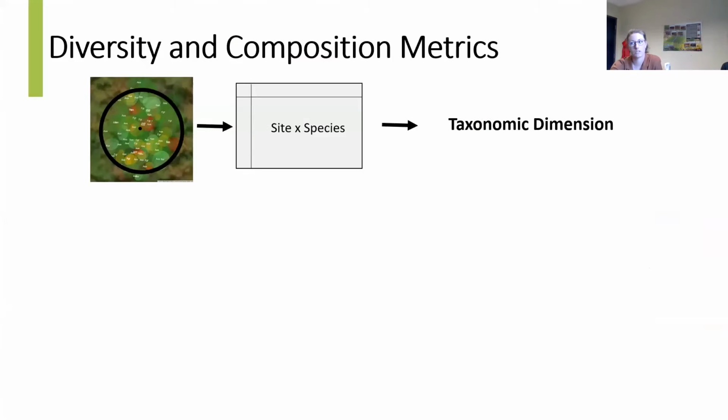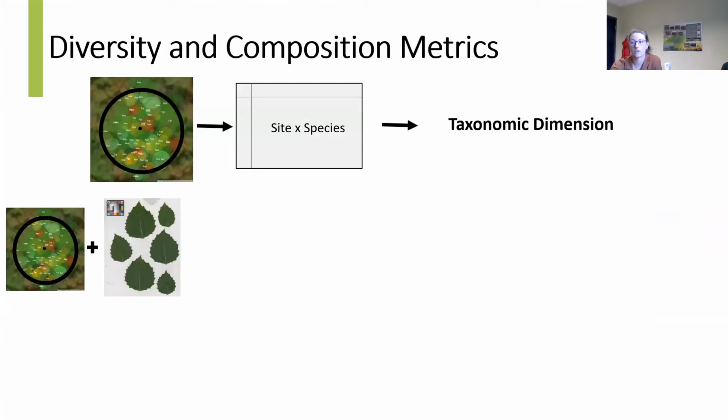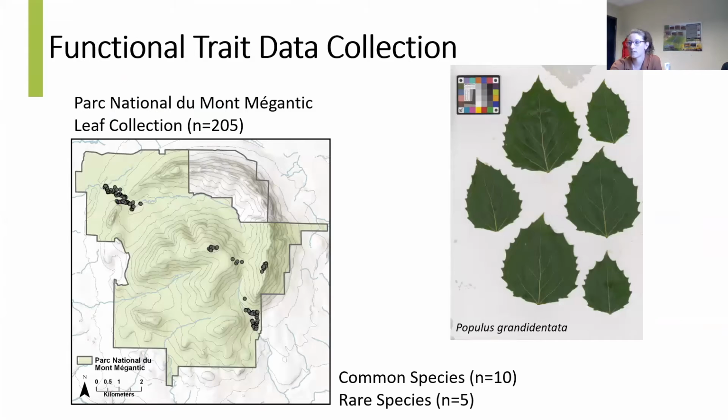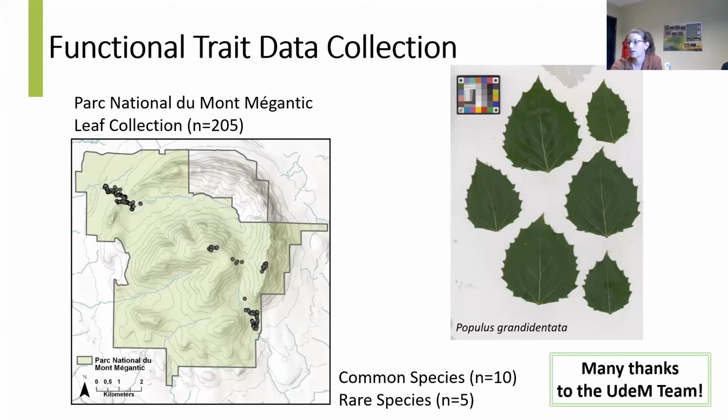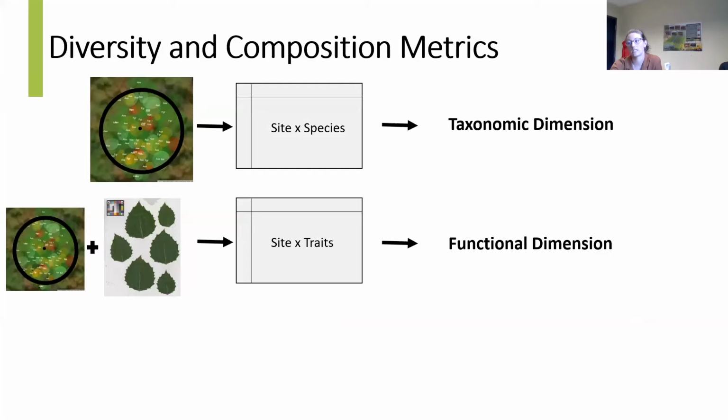This forest inventory data can be used to examine the taxonomic dimension of biodiversity. And by combining the forest inventory data with the leaf functional traits that were obtained by the UdeM field crew, we can examine the functional dimension.